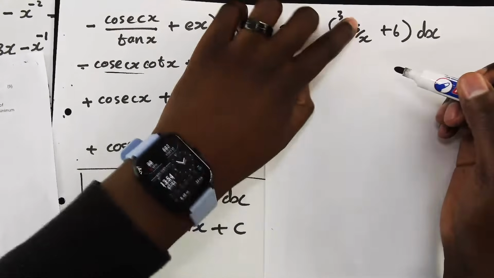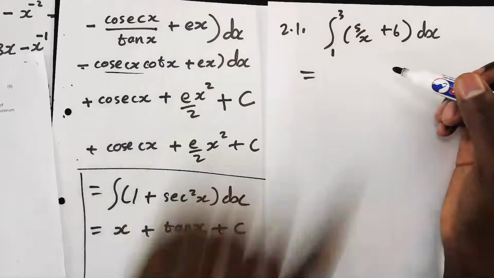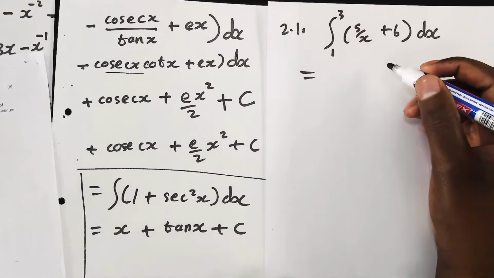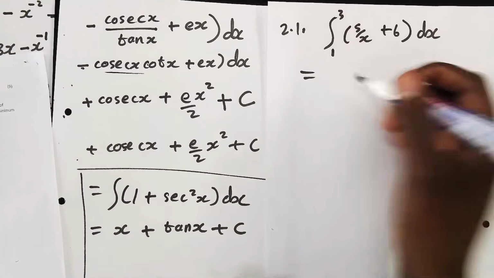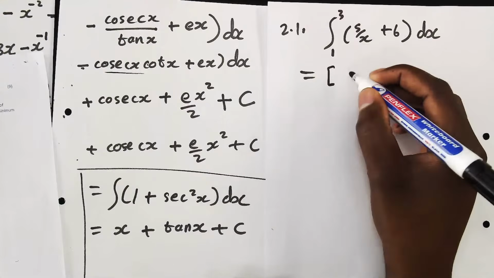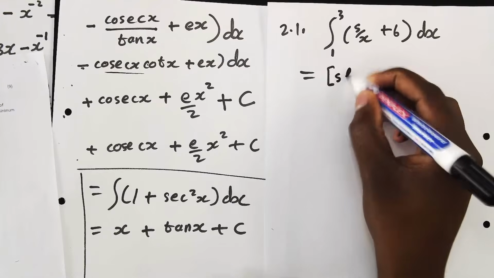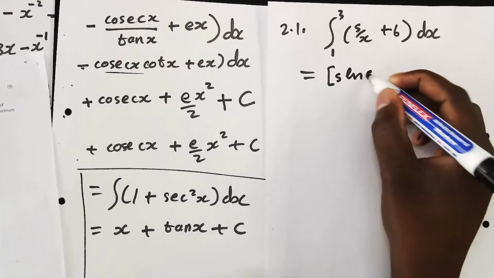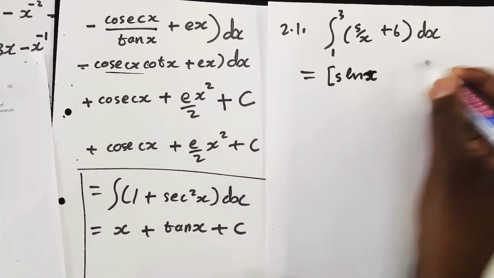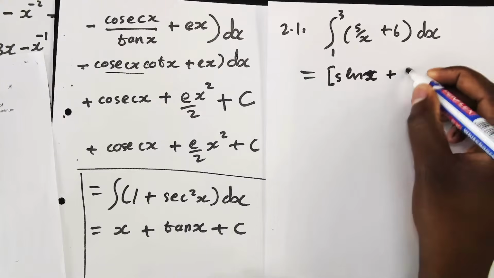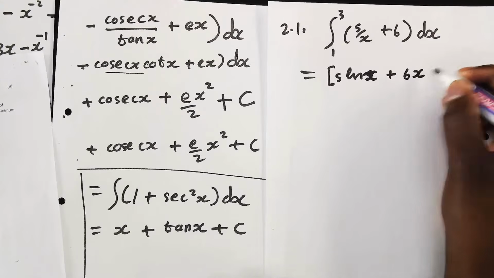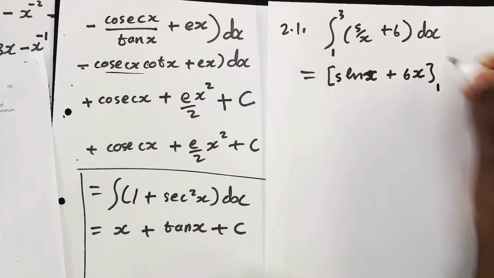So we know that the integral of 1 over x is ln x, so 5 over x gives 5 ln x. We did this in many problems in previous lessons. So we integrate, and we'll have 5 ln of the denominator, 5 ln x. Therefore, plus the integral of a constant is 6x, from 1 to 3.